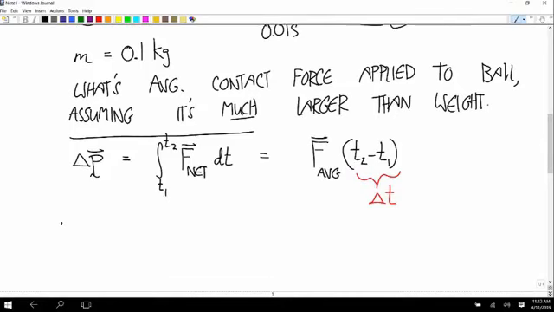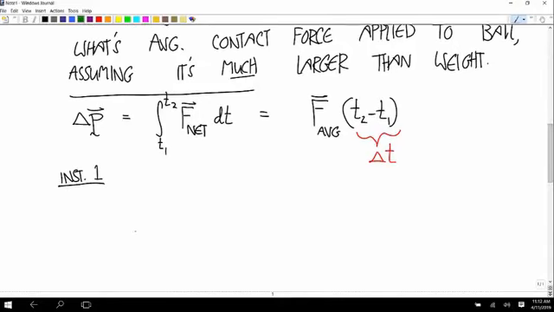Okay, so at instant 1, our coordinate system is like this. The velocity vector is 5 degrees below the horizontal, and the magnitude is 40 meters per second.